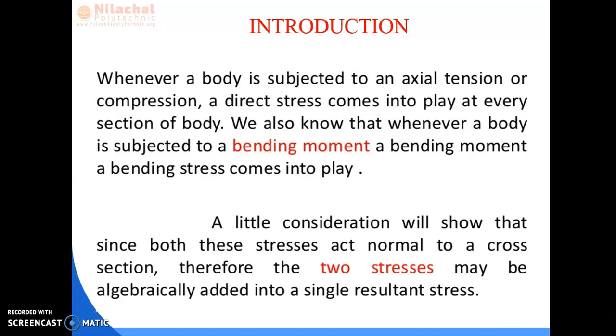Now, what is the introduction of chapter 6? In earlier video classes in chapter 5, we have already studied that while loads are applied upon the beam, the beam tends to bend, or deflection takes place in a beam.